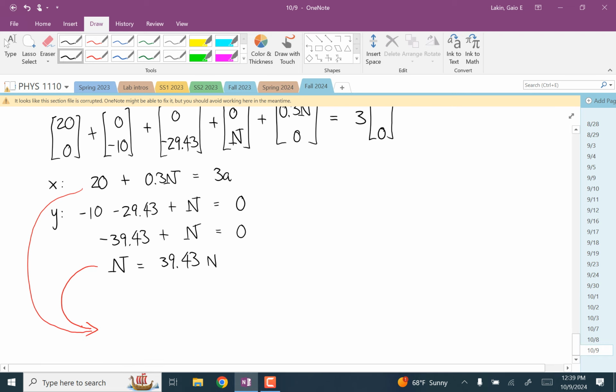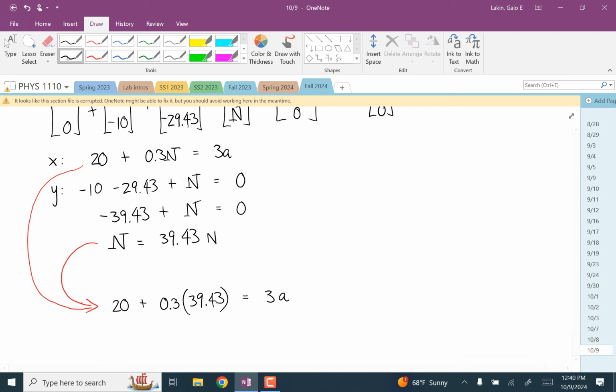And so that says now 20 plus 0.3 times N, which we now know, is equal to 3A. And so this all comes out to be 31.83 is equal to 3A.